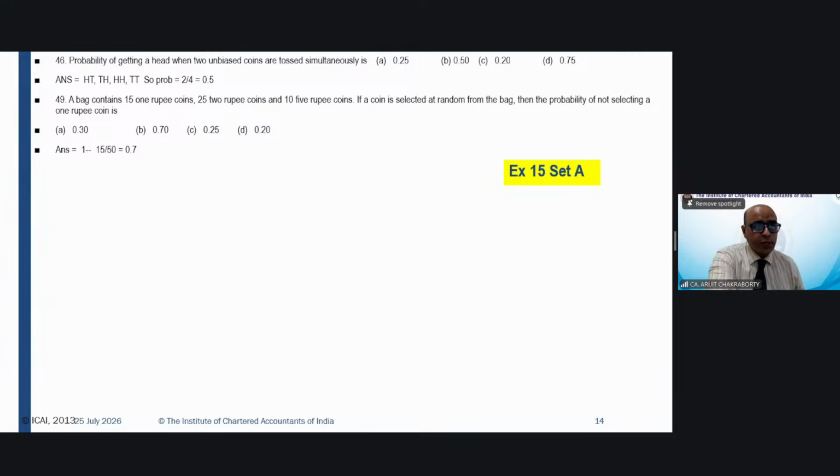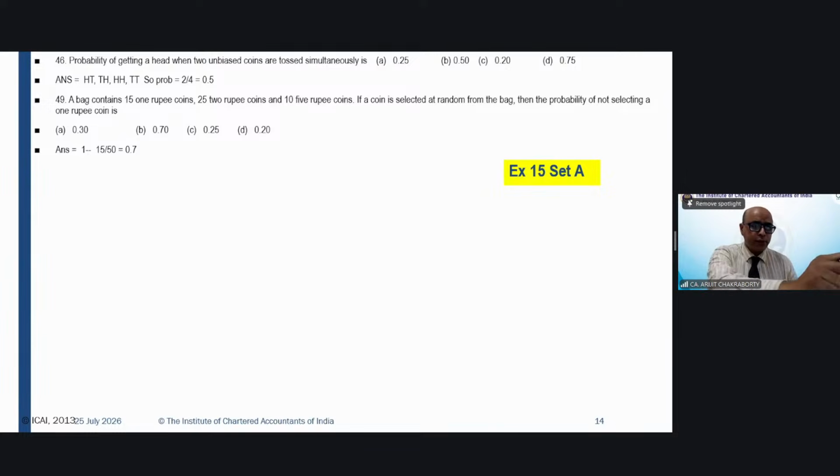But now the question is asking, if a coin is selected, find the probability of not selecting. Not selecting means we need to find the complementary event. The probability of selecting a 1 rupee coin is 15 by 50. So the complementary event is what? The probability of not selecting a 1 rupee coin is given by 1 minus probability of the given event.